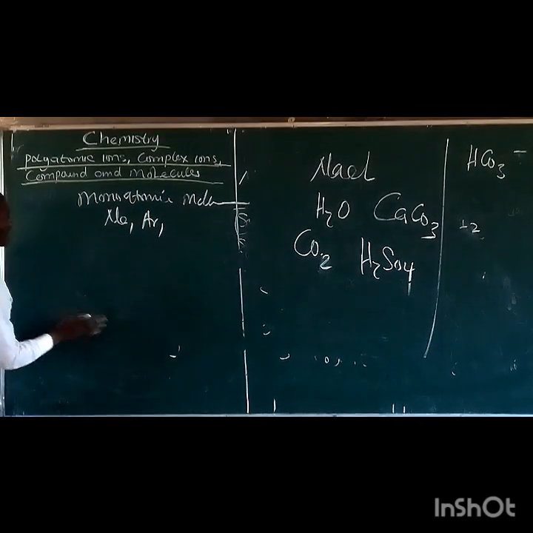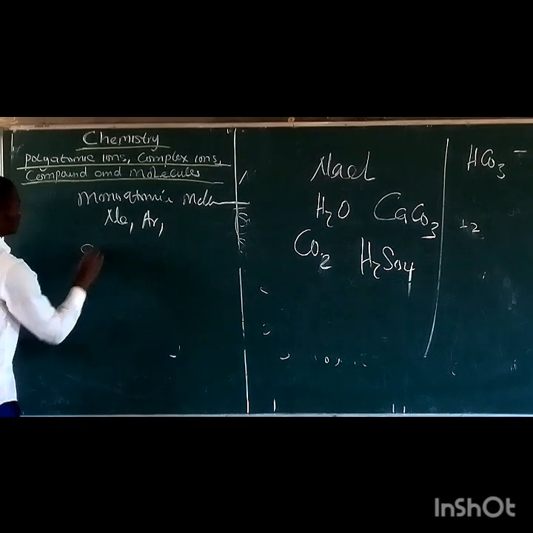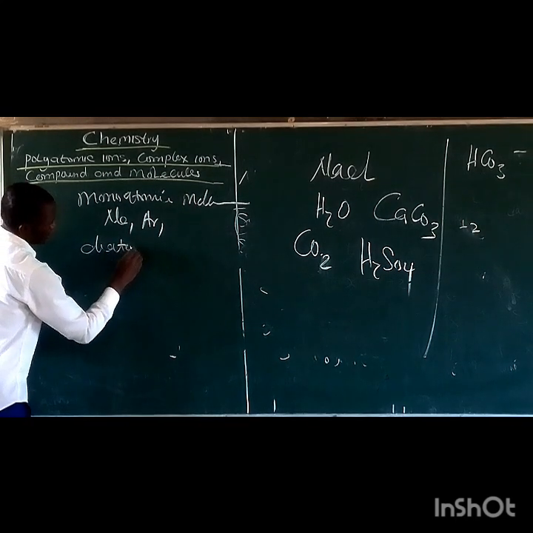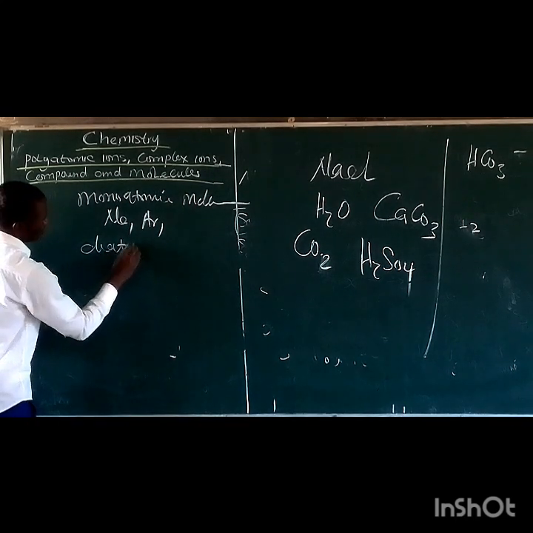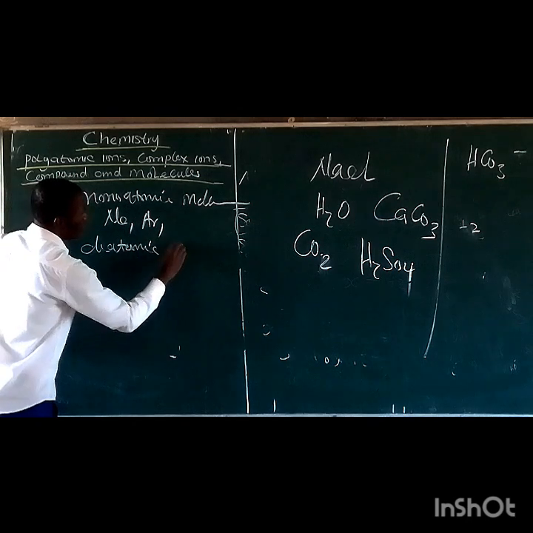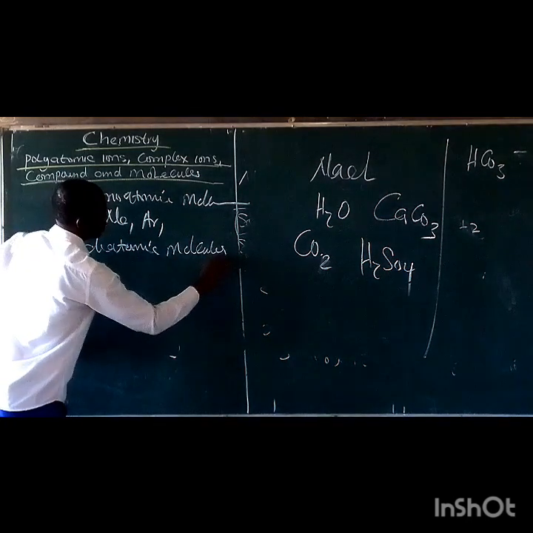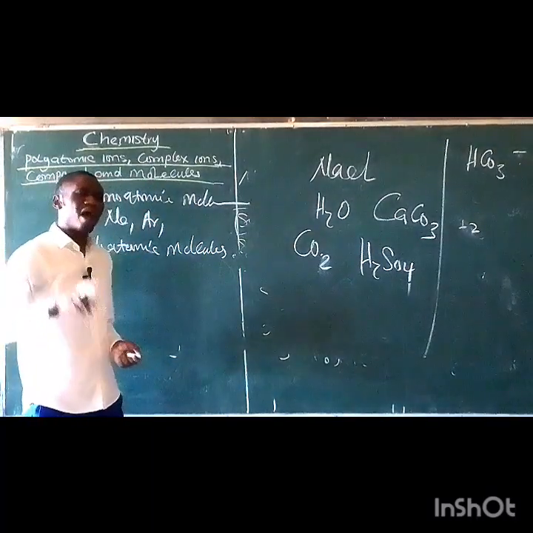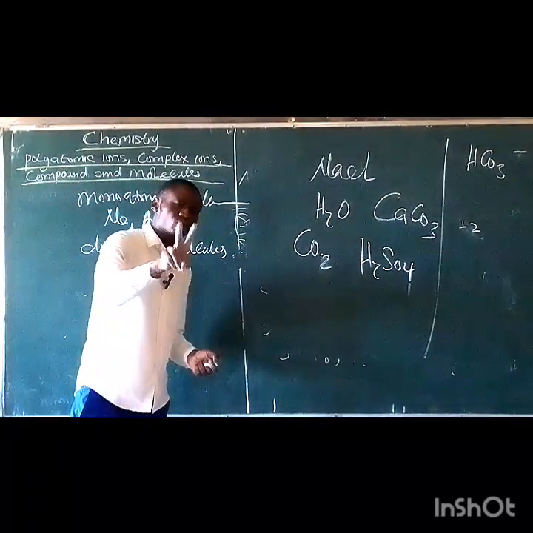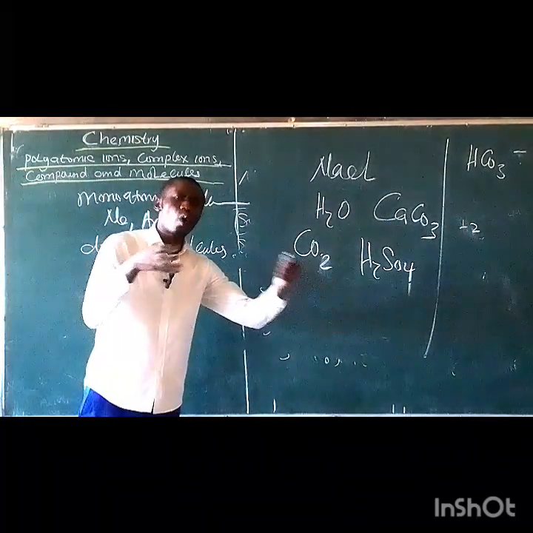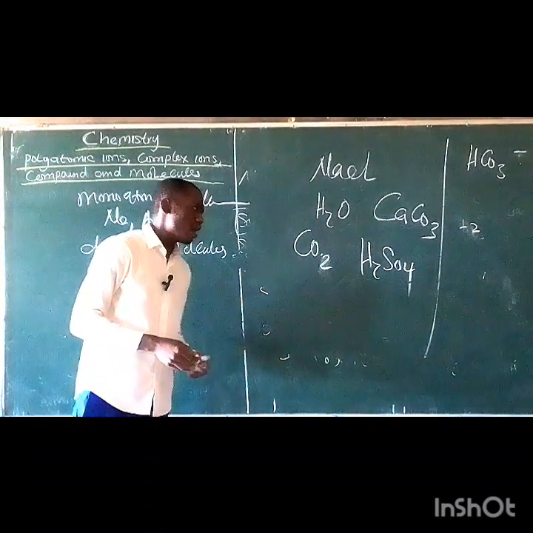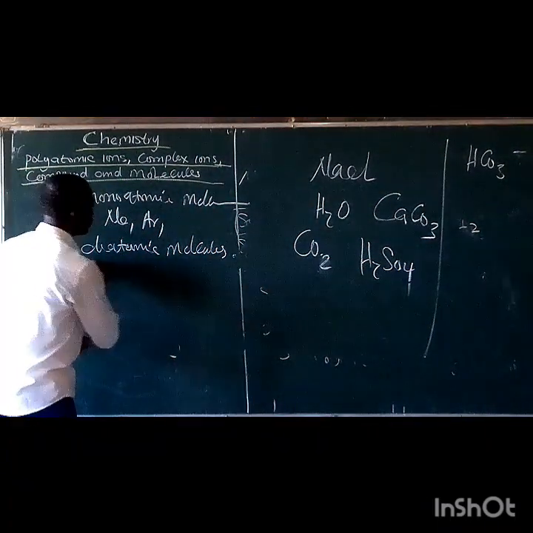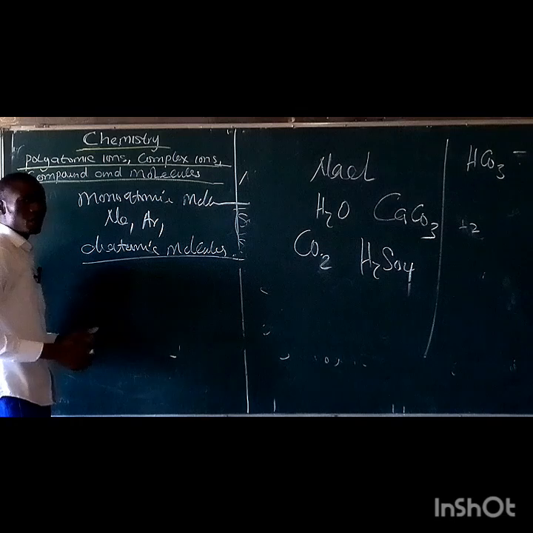Now, again, we want to talk about the diatomic molecules. Diatomic molecules have two atoms of elements which are covalently bonded together. Now, let's give an example of this diatomic molecule.